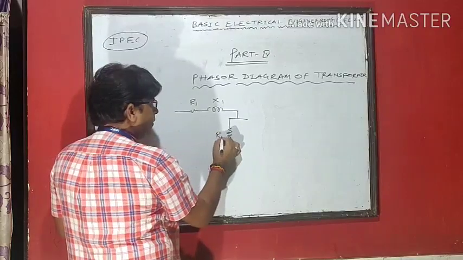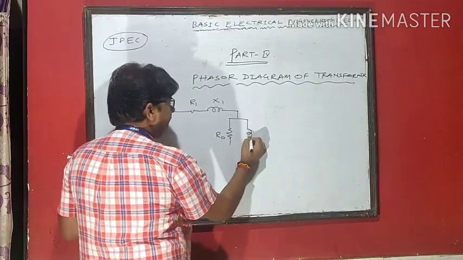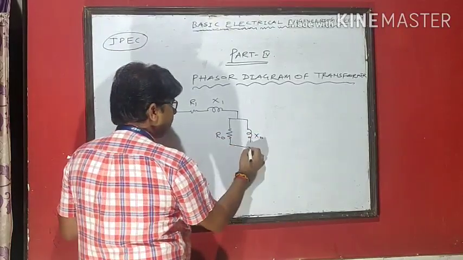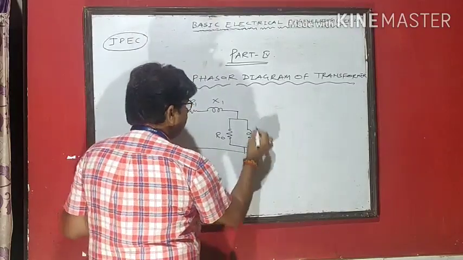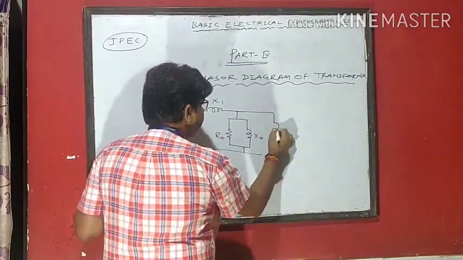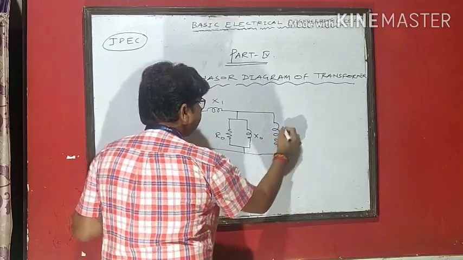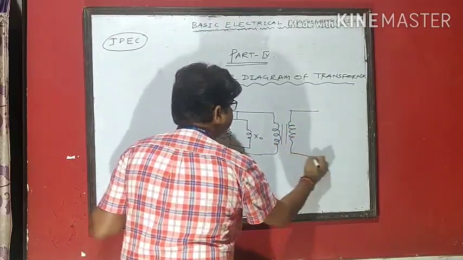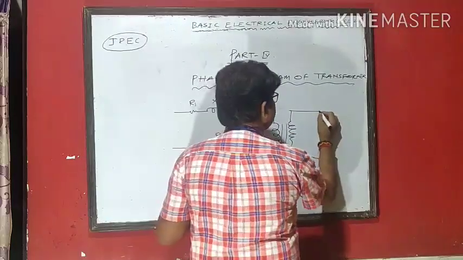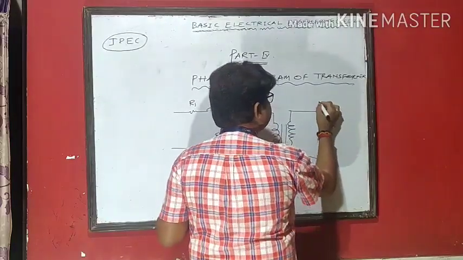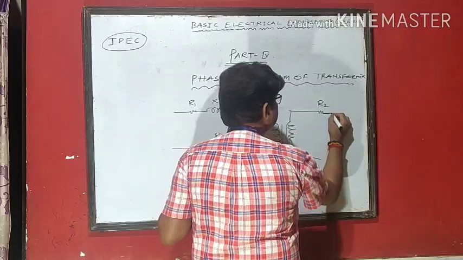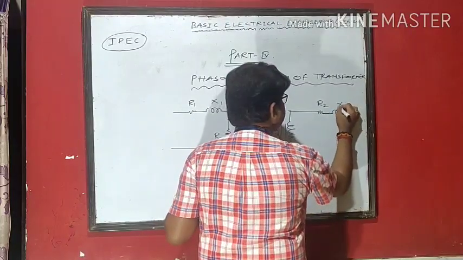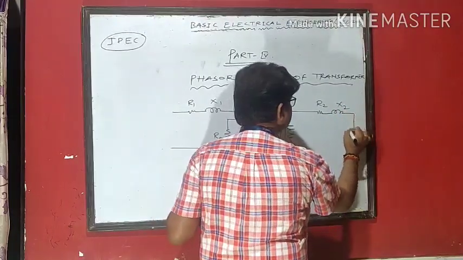Here R0 and X0. This is the primary winding, and this is your secondary winding. This is secondary resistance R2, and this is your secondary reactance X2.